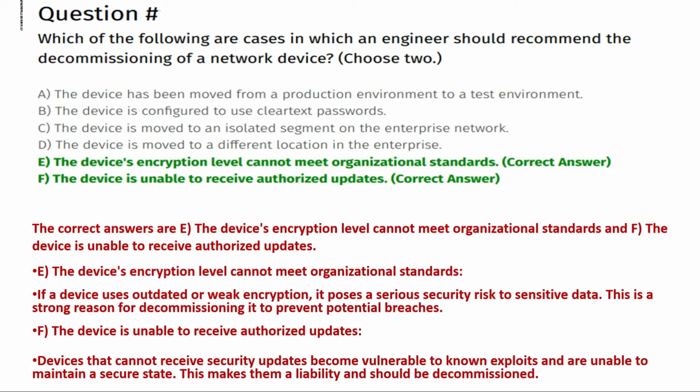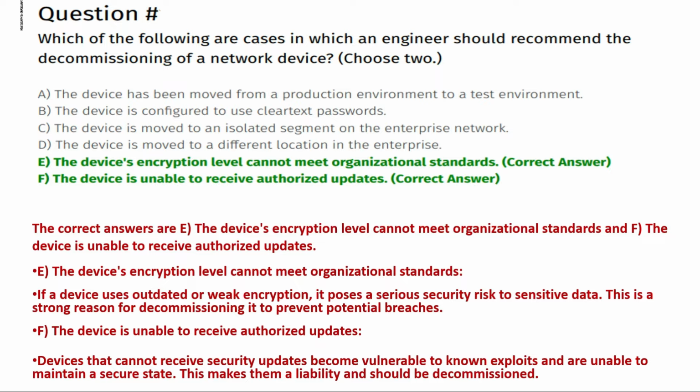The next question is, which of the following are cases in which an engineer should recommend the decommissioning of a network device? Choose two out of these options. Option A, the device has been moved from production environment to a test environment. Option B, the device is configured to use clear text password.